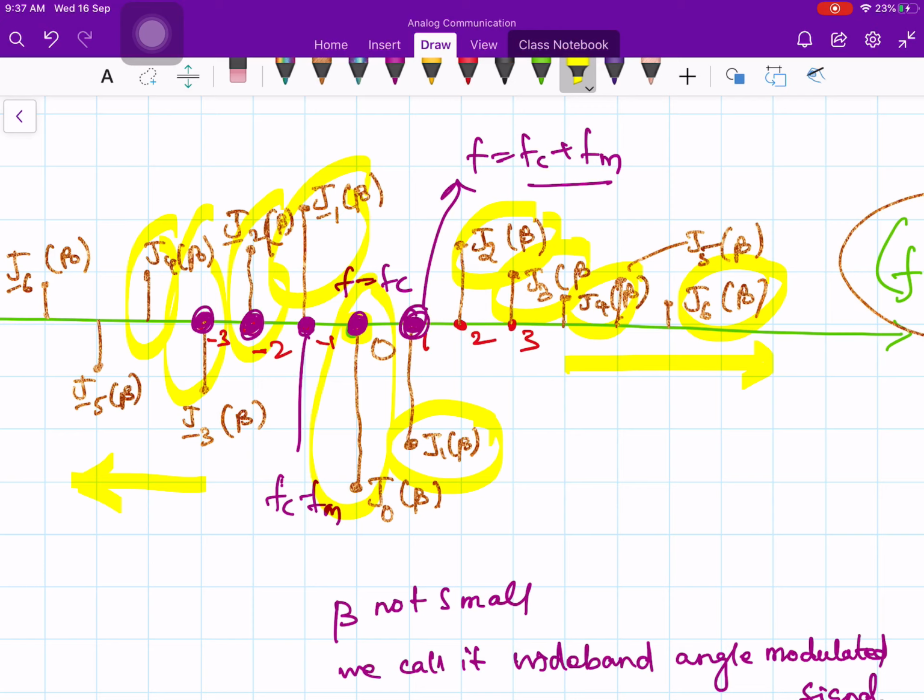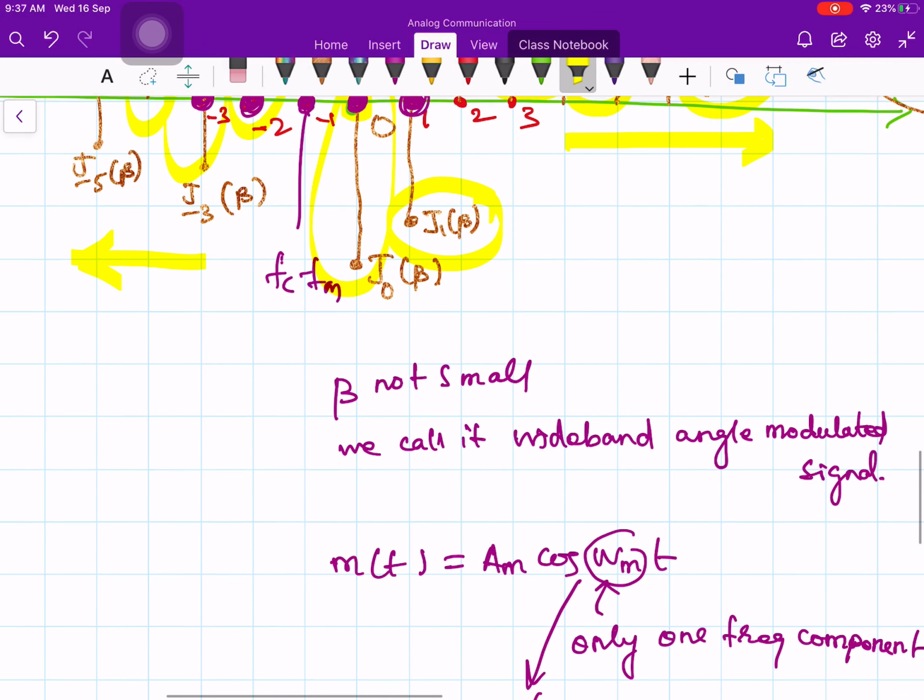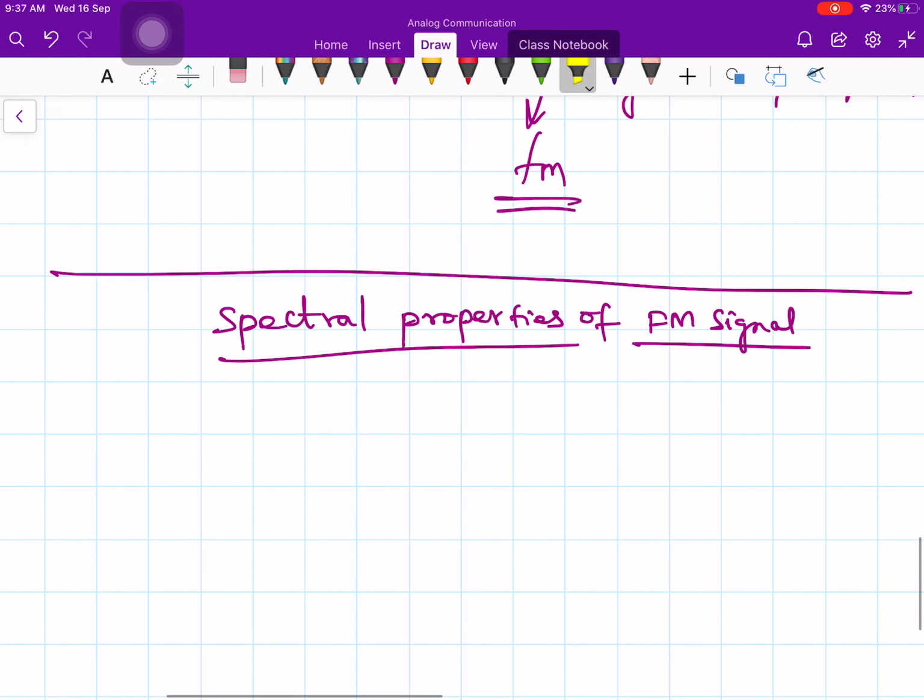Okay, not just two sidebands like we had earlier for the AM signal. Both on the positive side as well as on the negative side we have a large number of frequency components, an infinite number of sidebands, I mean frequency components like Fc plus or minus n times Fm. Unlike the case of AM, where we had only Fc plus or minus Fm, that's all.